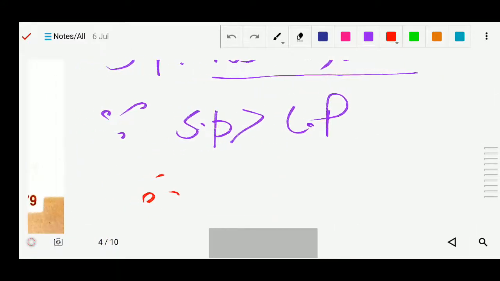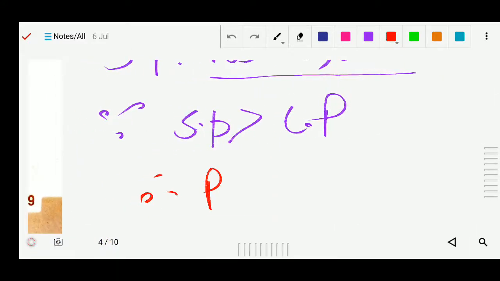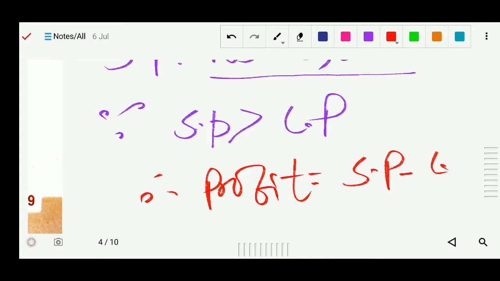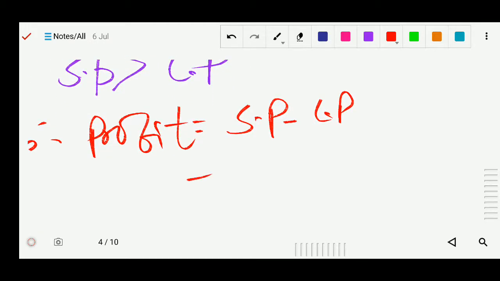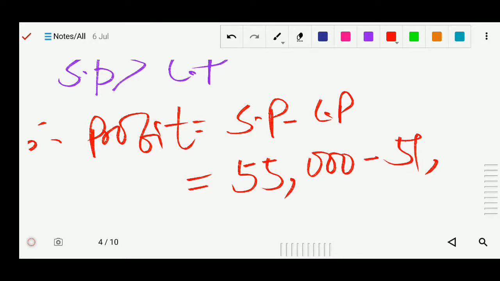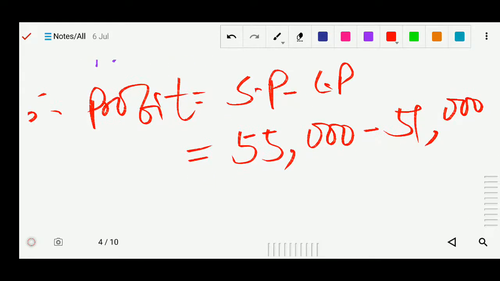So we will write profit equals SP minus CP. The selling price is given as 55,000 minus 51,000. After adding transportation, the total cost was 51,000. Now we will subtract it, and after subtracting you will get 4,000.